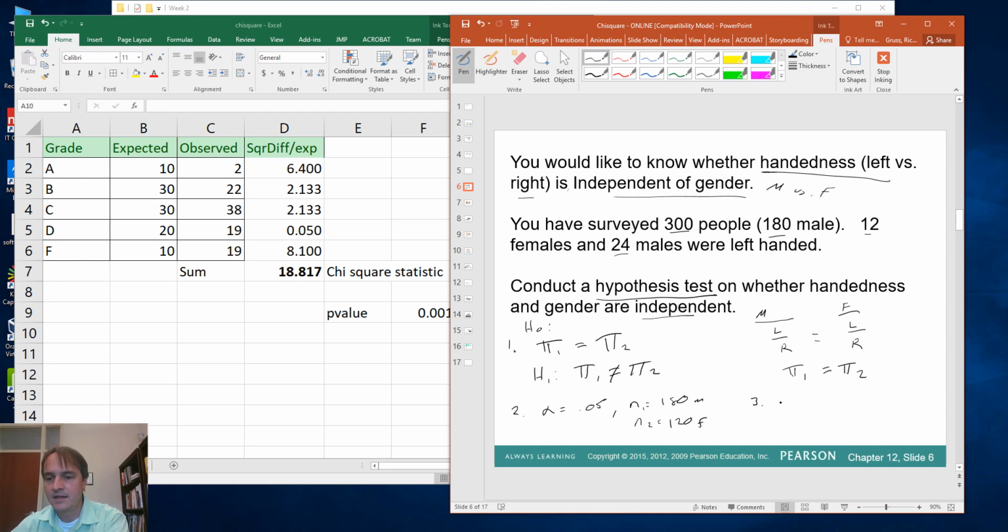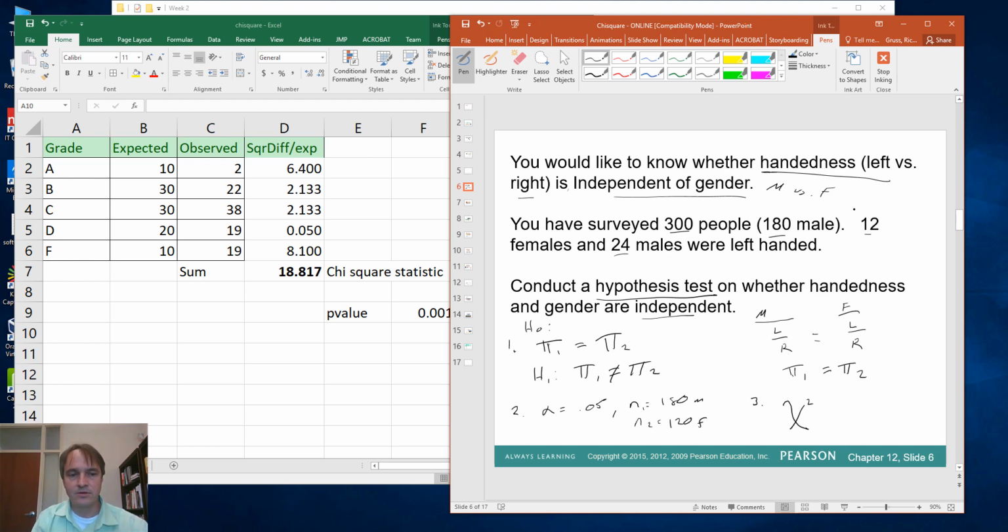In this case, because we're going to be doing an observed versus an expected, it's going to be a chi-square statistic. We'll deal with more of the actual value later.